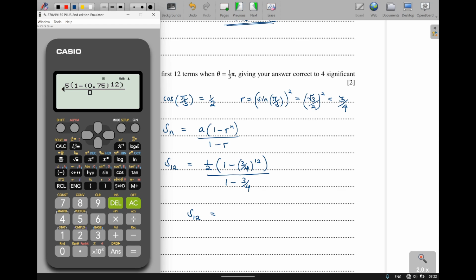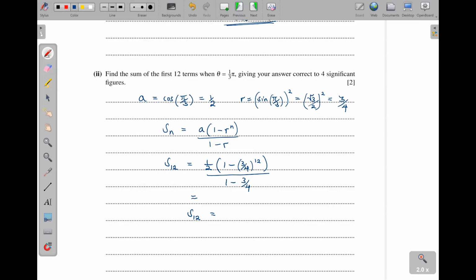Then close that bracket. Then we go down. This one is going to be 1 minus 0.75. So this is 1.9366 47296. So to 4 significant figures, this one is actually going to be 1.937.